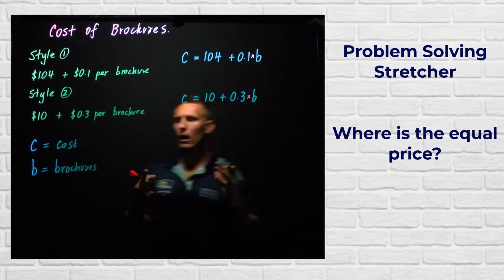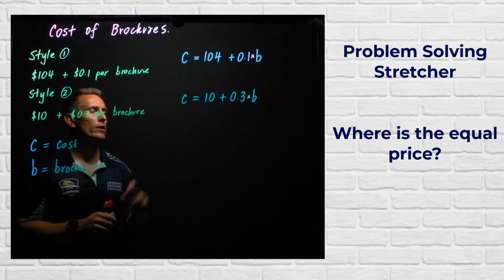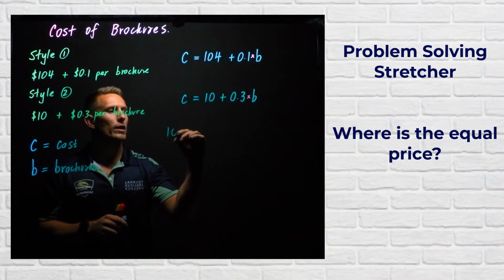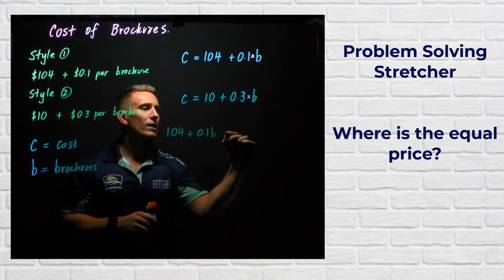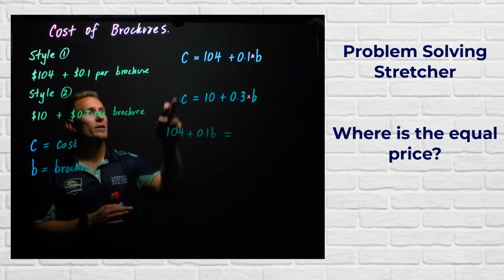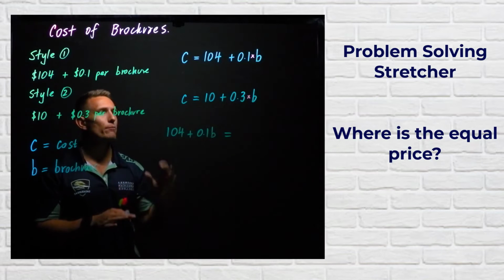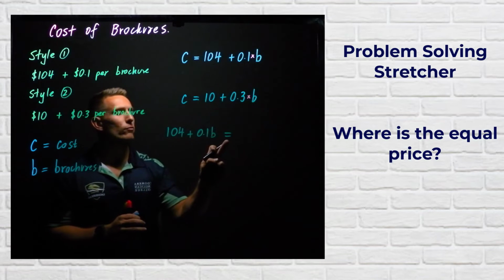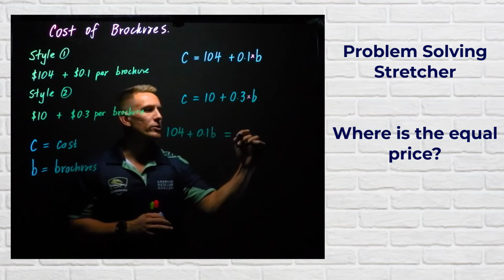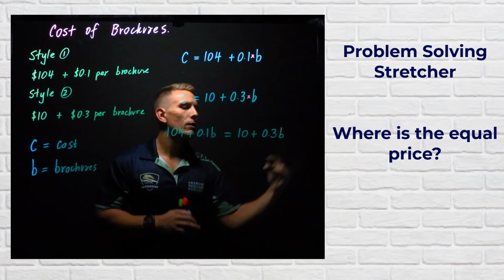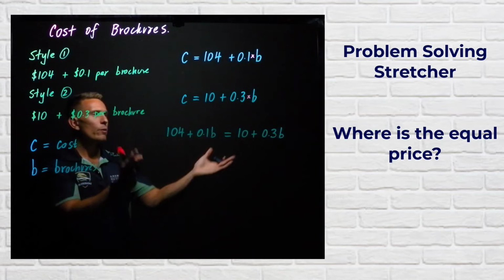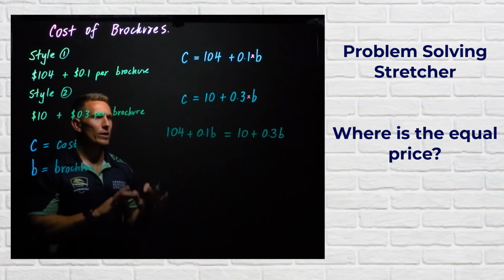This is what it looks like. I'm going to write out 104 plus 0.1b equals, because they're going to be the same price, the same cost, 10 plus 0.3b. Now here we've got an equation that we need to solve.